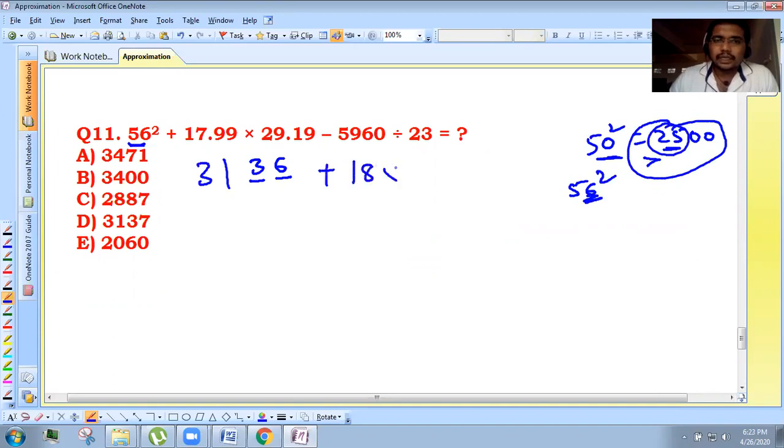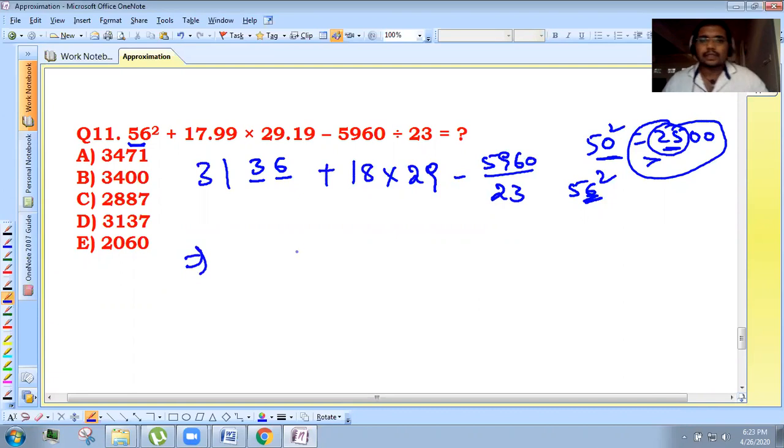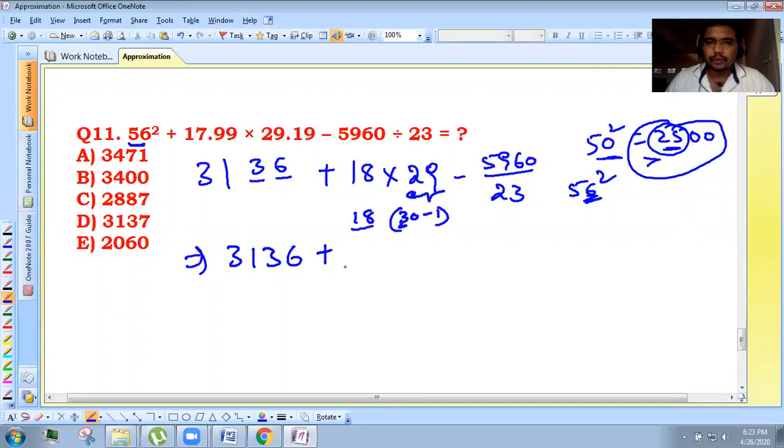Plus 18 into 29 minus 5960 by 23. So this is 3136 plus, take it 30 minus 1, because 18 3s are 54. 540 minus 18, minus this value you have to simplify.